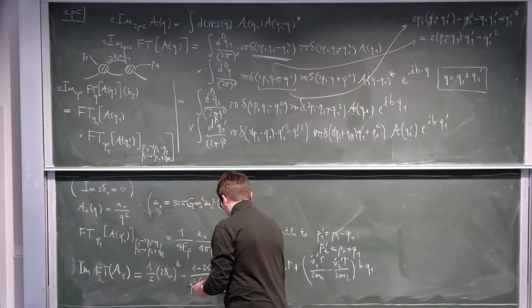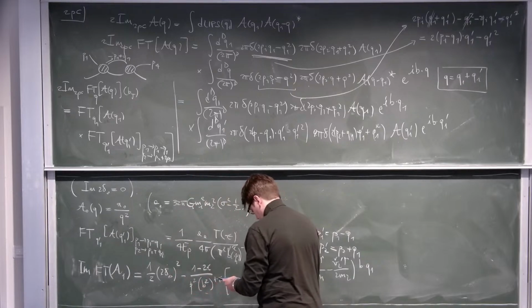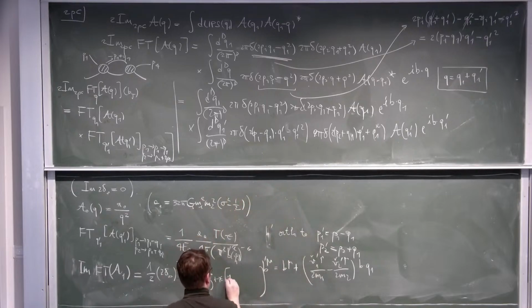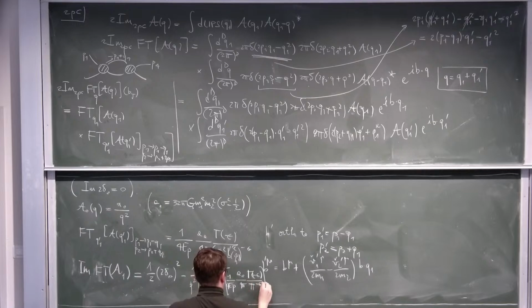Two epsilon, and then there is a function. Managed to squeeze it in here. 43 0 over 4 pi gamma of minus epsilon of 1 minus epsilon divided by pi minus epsilon squared.